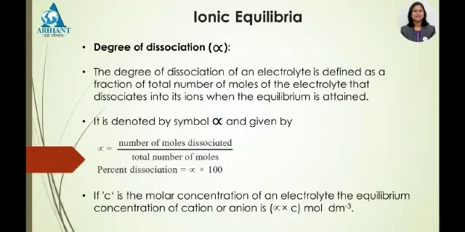Now suppose C is the molar concentration of an electrolyte, the equilibrium concentration of cation or anion is, you can see in the bracket, the degree of dissociation multiplied by C, the molar concentration, moles per dm cube.